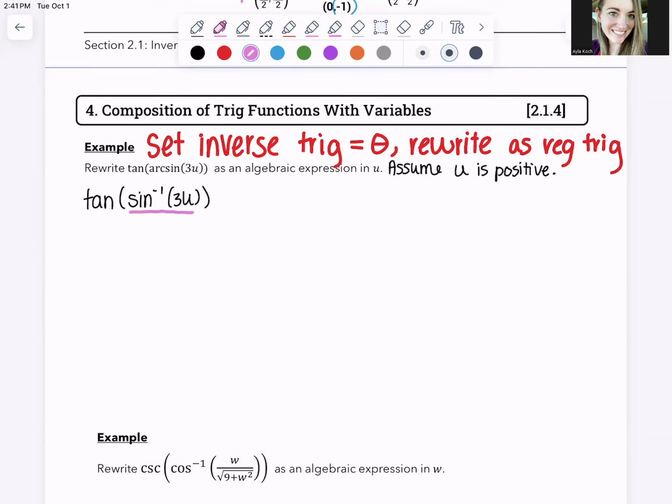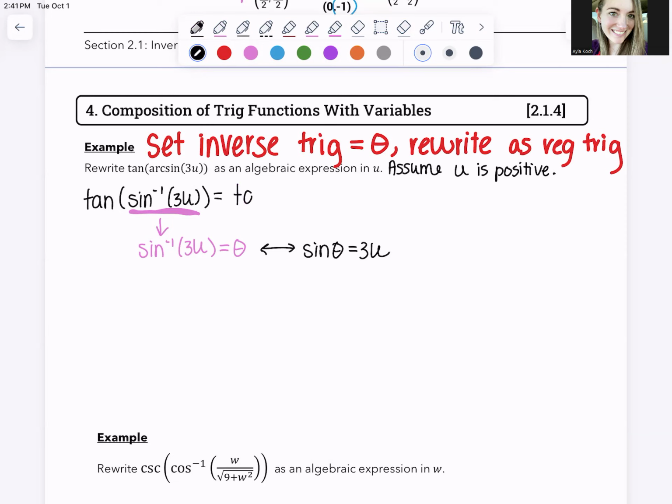Okay, so sine inverse of 3u is equal to theta. An equivalent statement is that sine of theta is equal to 3u.